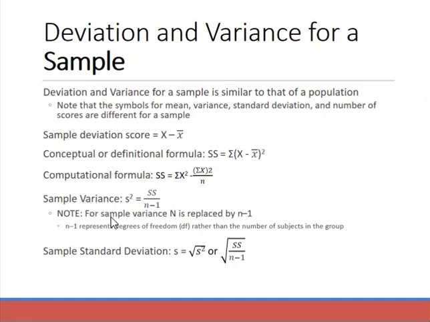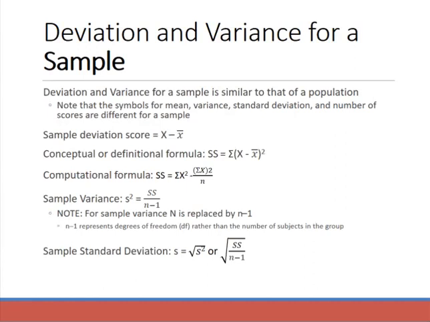And then for the sample variance, the big change to how you calculate it for a sample is note that capital N, so the full number, is replaced by n minus 1. This is to take into account degrees of freedom, which is a very abstract concept, which we'll discuss a little bit later. But for now, just note the change in the formula.